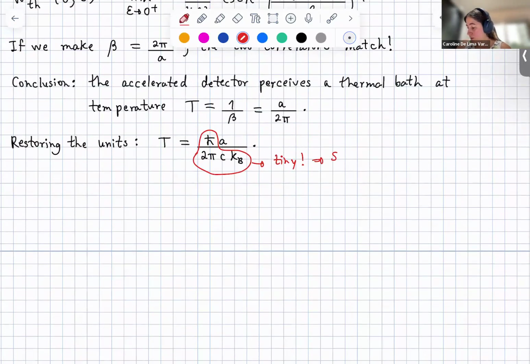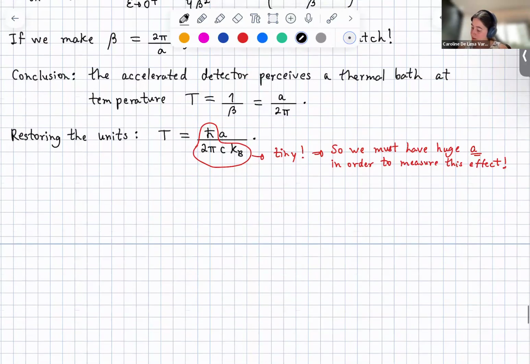So we must have a huge acceleration a in order to measure this effect, so that we have some perspective on that.